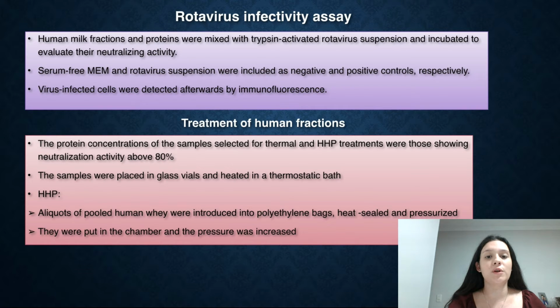The protein concentration of the samples selected for thermal and HHP treatments were those showing neutralization activity above 80%. The samples were placed in glass vials and heated in a thermostatic bath. HHP: aliquots of pooled human whey were introduced into polyethylene bags, heat sealed, and pressurized. They were put in a chamber and pressure was increased.